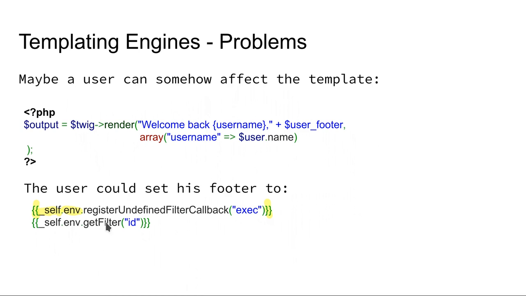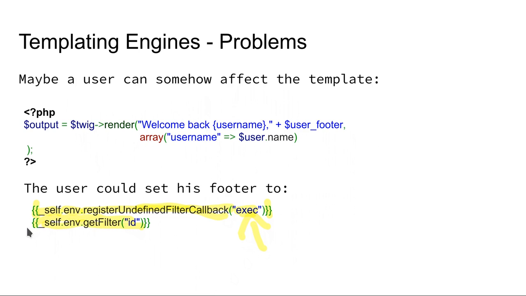In the Twig environment you can set a callback that is supposed to be called when a filter is used that doesn't exist. So we set this callback to the PHP function exec, and then we call a filter that doesn't exist.